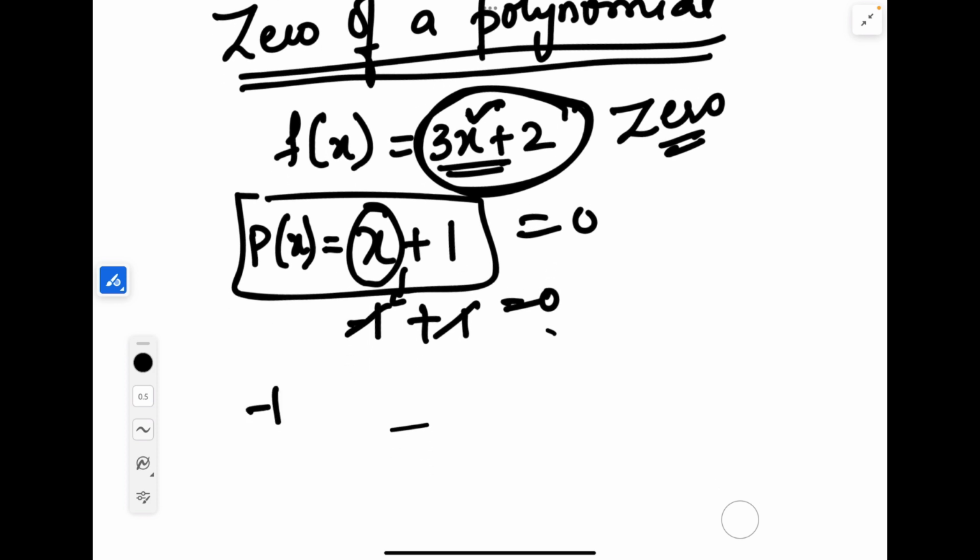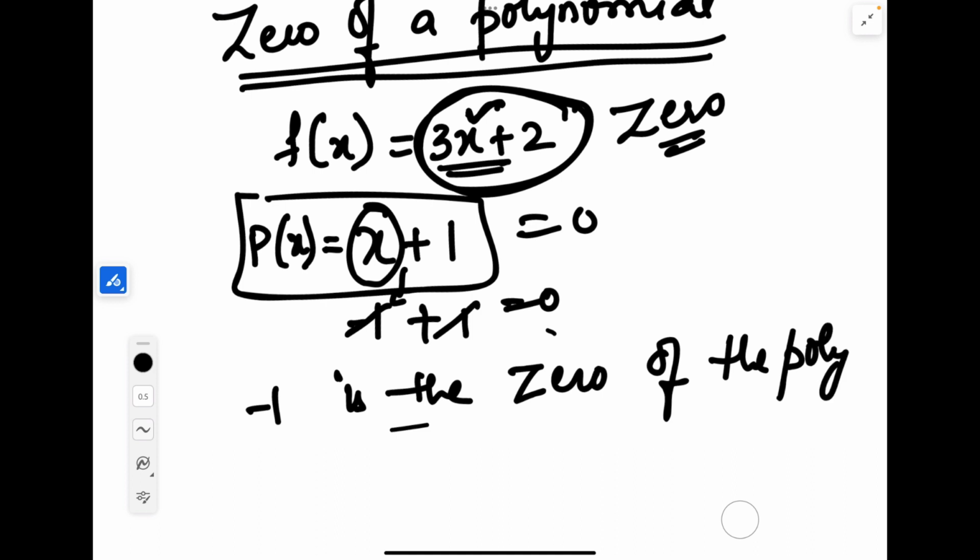So minus 1 is the 0 of the polynomial. That means the value or values. This is linear polynomial, so you will get only one value of x, right? So the value or the values of x for which the whole expression or whole polynomial becomes 0 is called the 0 of a polynomial.